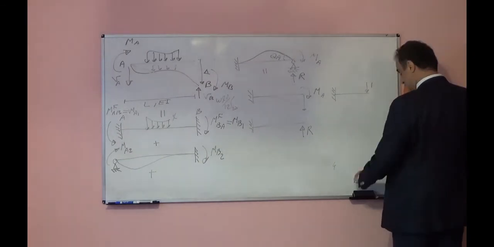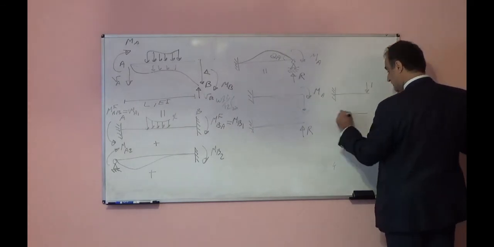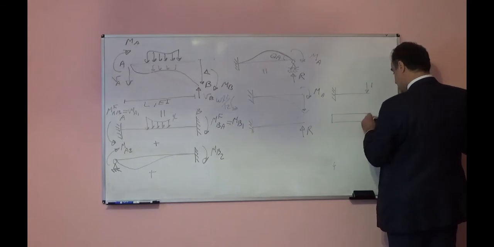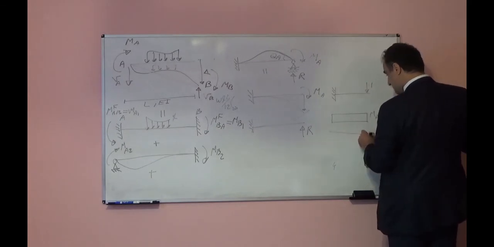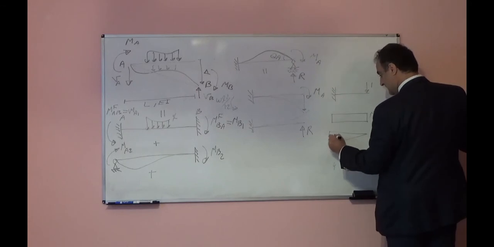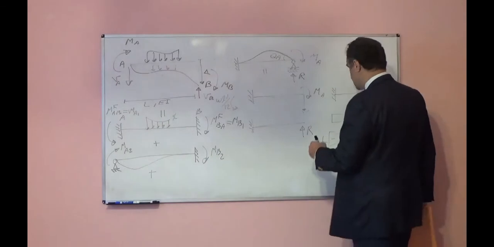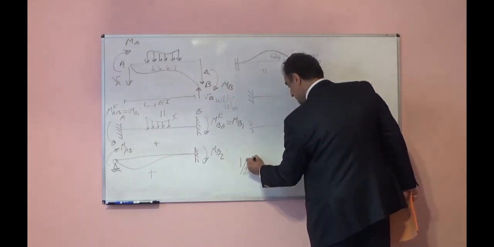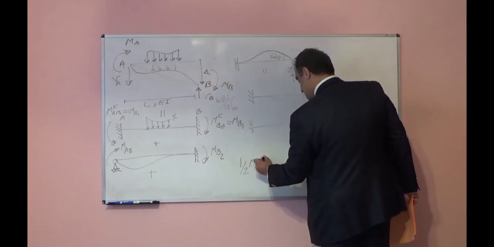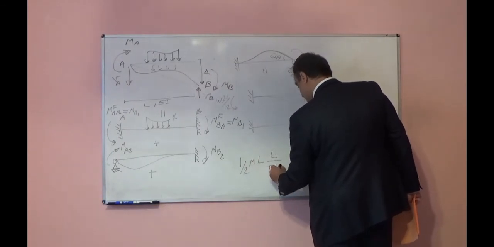So the bending moment diagram because of the moment will be MA. Because of the unit load, it will be negative L. If I multiply together, the coefficient of triangle to rectangle is 1 over 2, M times L times L over EI.